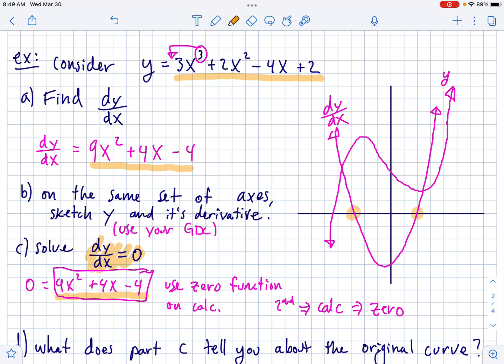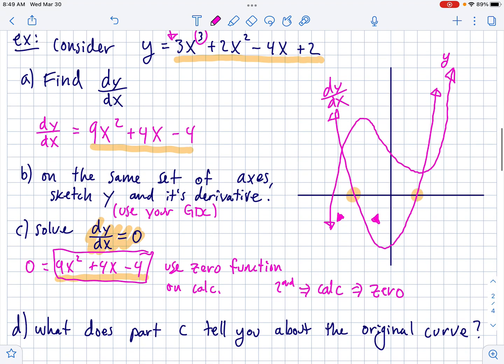Now the 0 function, you're going to have to tell it to the left of a spot. What we're trying to do is find these two spots on the derivative where it's equal to 0. You have to tell it to start looking on the left of this spot, and it'll put a little arrow, and then tell it to stop looking on the right. And then you have to give a guess, somewhere near it.